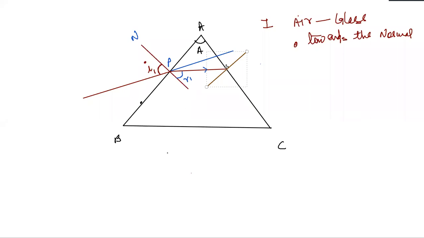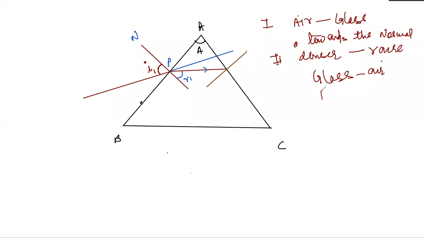Okay, so light is incident at the second surface, traveling from glass to air, denser to rarer medium.